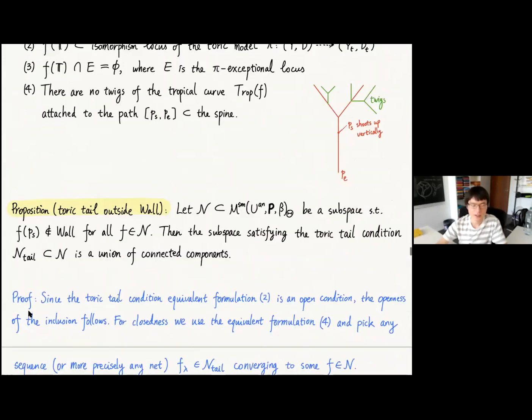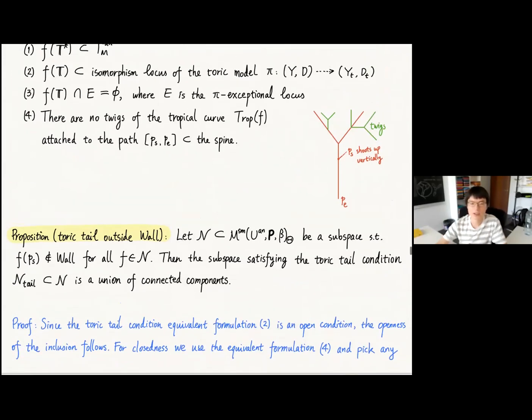Since the toric tail condition, in the second equivalent formulation here, is an open condition, the openness of the inclusion follows.